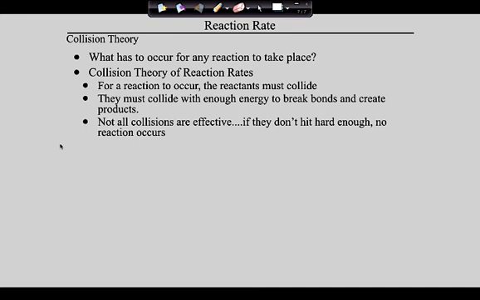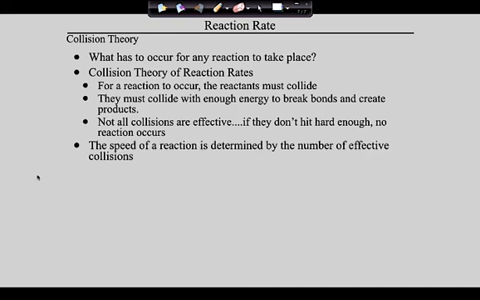So the thing that determines the rate of the reaction is the number of effective collisions. The more that these reactants hit hard enough to cause a reaction to happen, the faster the reaction will go.